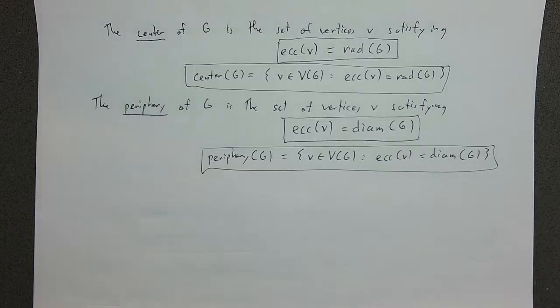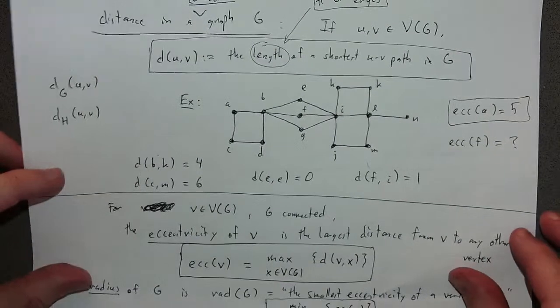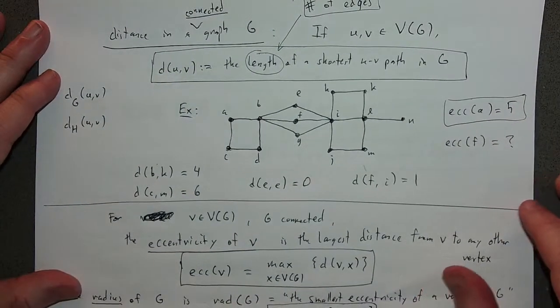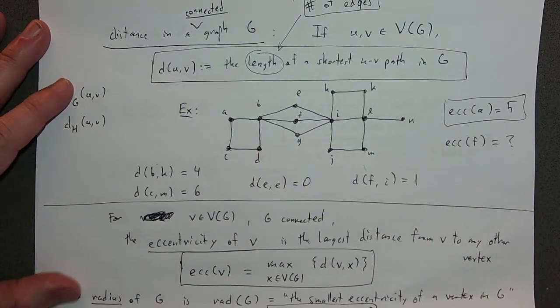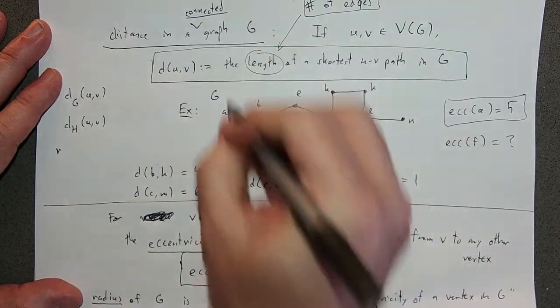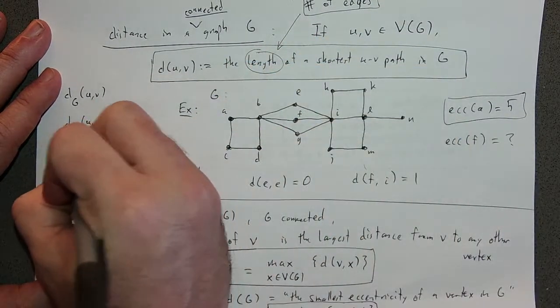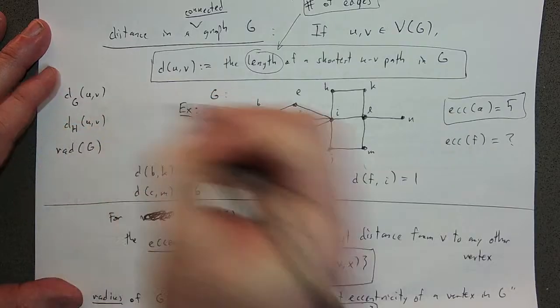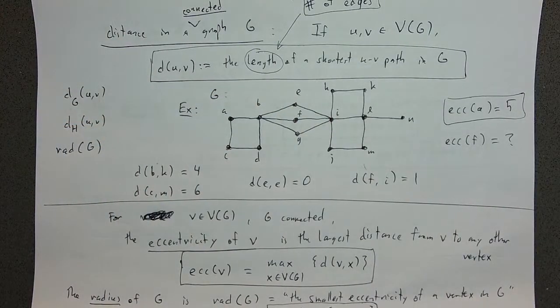So let us go back to our picture. In this, if this is G, what is the radius? What is the smallest possible eccentricity?